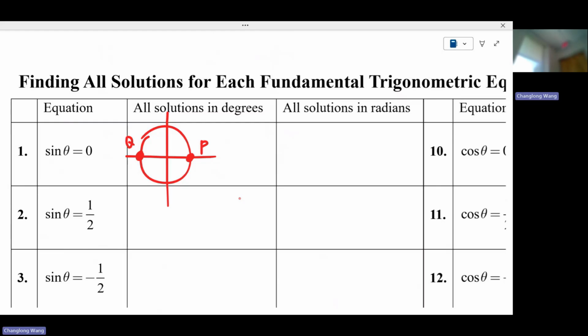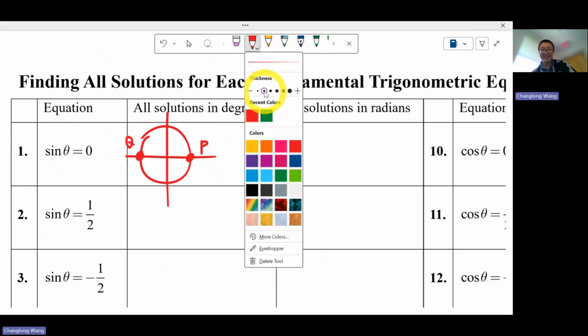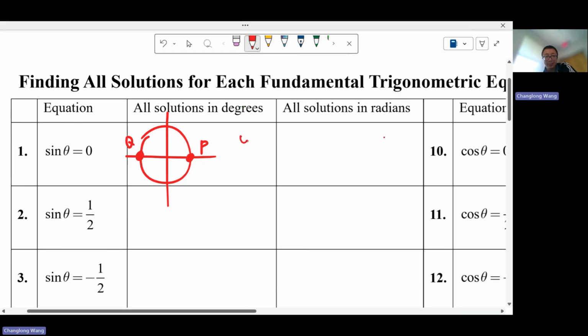It's either here or there, right? What is the angle associated with P? 0 degrees. What's the angle associated with Q? 180 degrees, right? Therefore, all right, so let me put this down. So 0, or 180 plus, you know what you have to add to it, right?